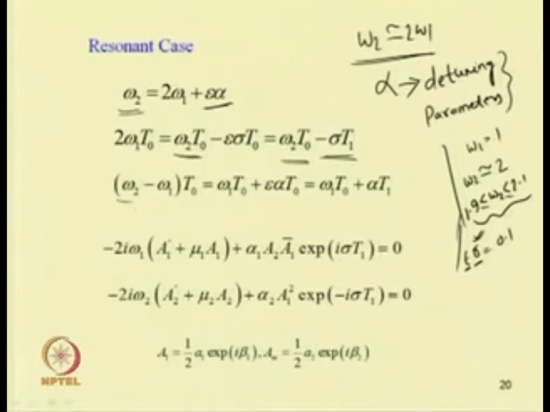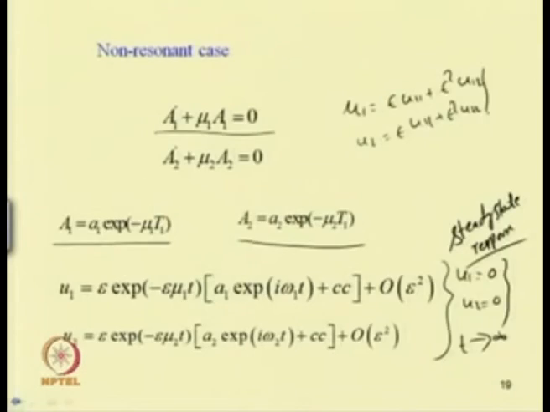So, we can write this omega 2 minus omega 1 T 0 equal to omega 2 T 0 minus sigma T 1, minus omega 1 T 0 again we are putting. So, this is equal to omega 1 T 0 plus epsilon sigma T 0, or this is equal to omega 1 T 0 plus sigma T 1.